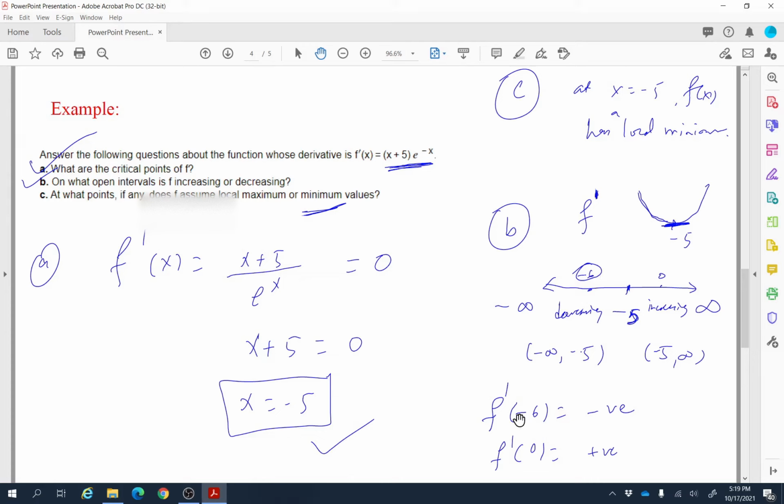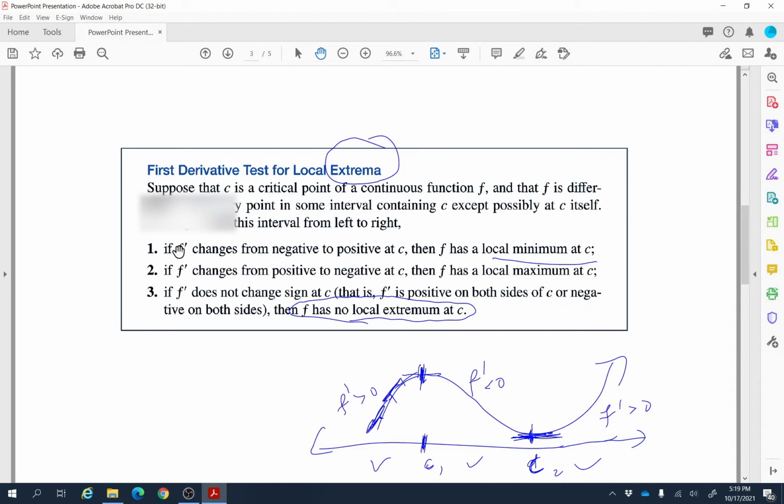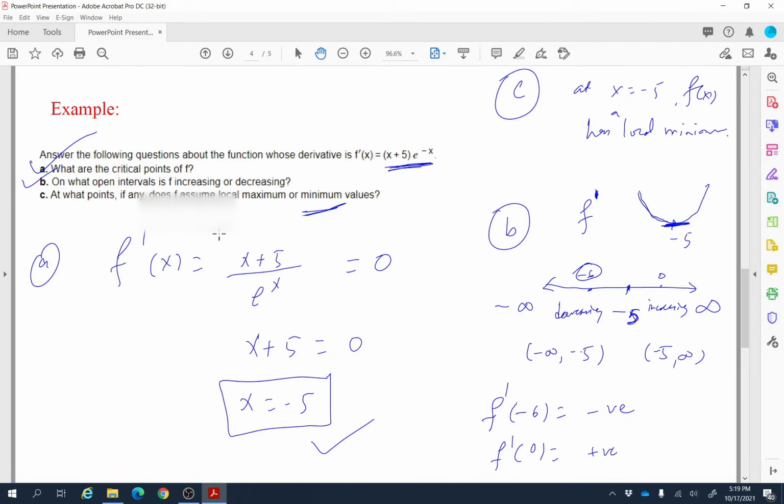If the derivative is positive at a testing point, that means the function is increasing. If the derivative is negative, the function is decreasing. And if the derivative changes from positive to negative, that means we will have a local maximum value. If it changes from negative to positive, then we will have a local minimum value. We just follow this first derivative test.